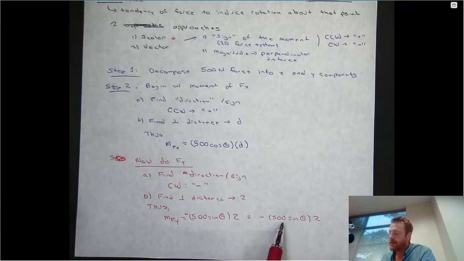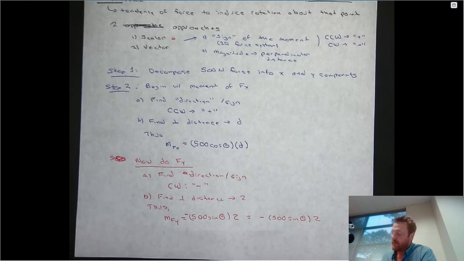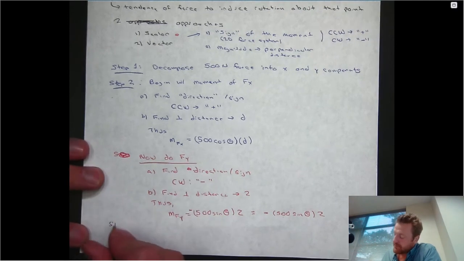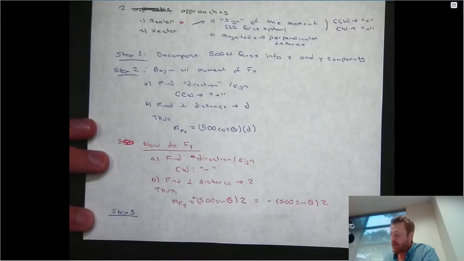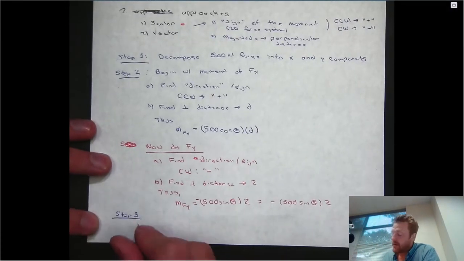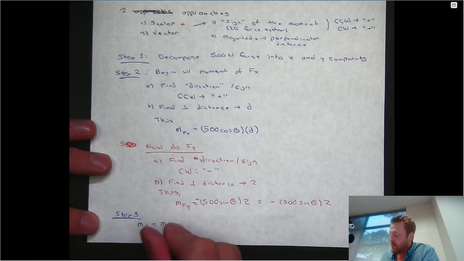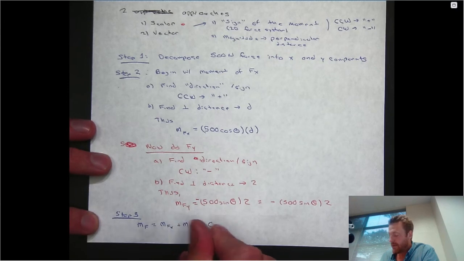Now you might ask yourself, why didn't Henry just multiply the 500 times 2 and make it 1,000? Well, here's the reason. For step 3, I know that since moments are vectors, I can find a resultant moment by adding those together. The moment of the entire force F is going to be nothing more than the moment of the x component plus the moment of the y component. And I want these to be 0.